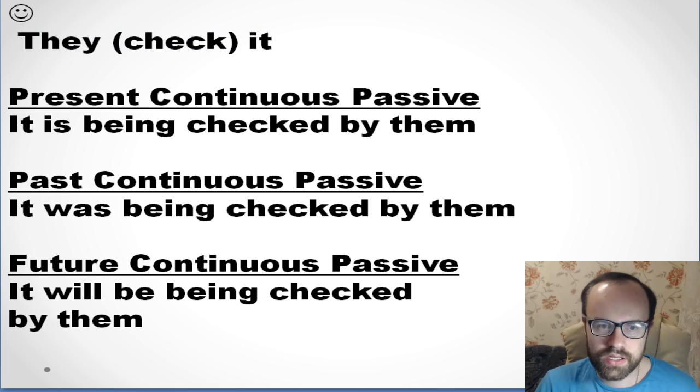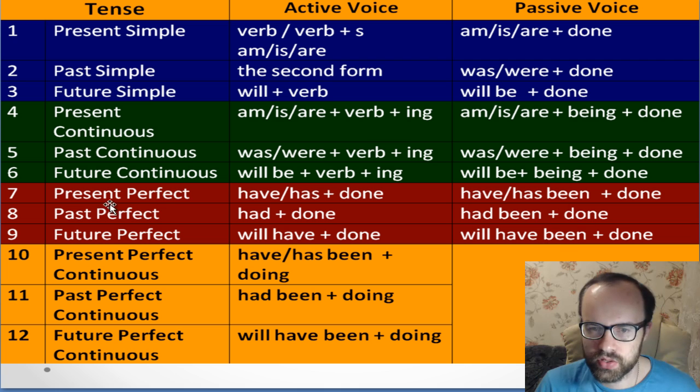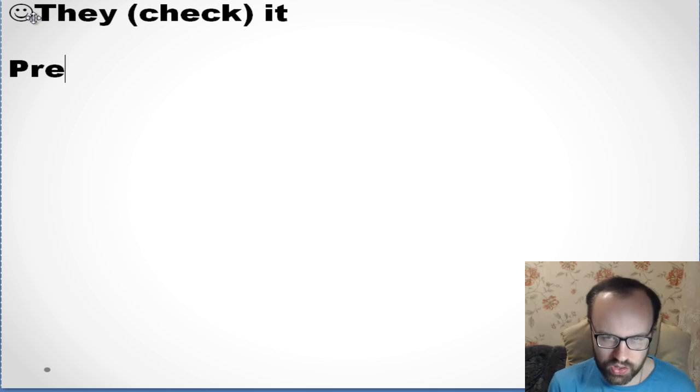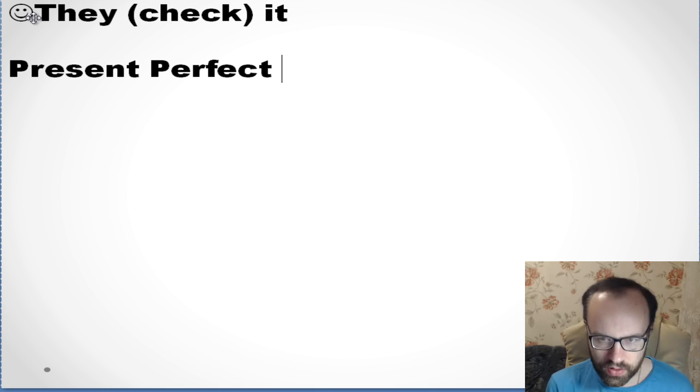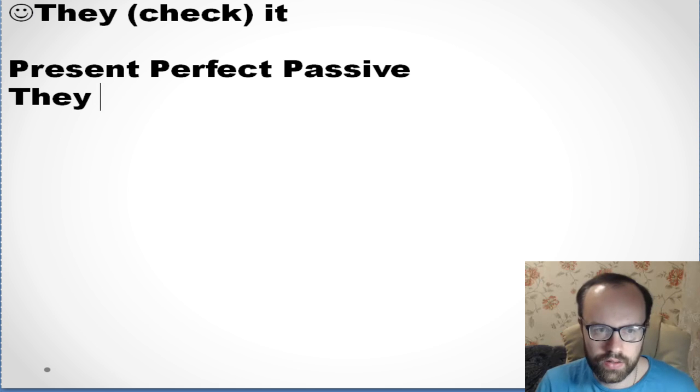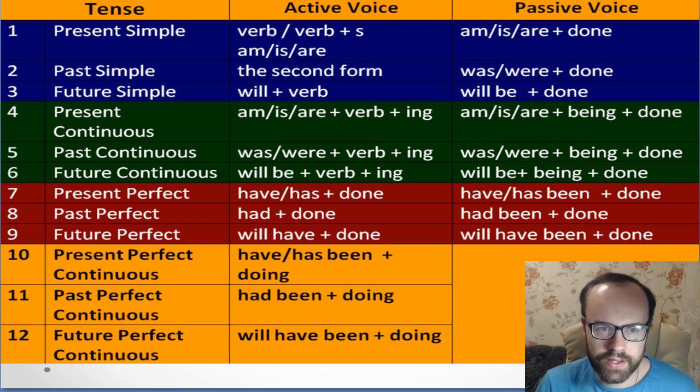Okay, and the last group. So you see it's called perfect. So present perfect passive. Okay, let's talk about it. You know that we often use it. So have or has plus been plus done.